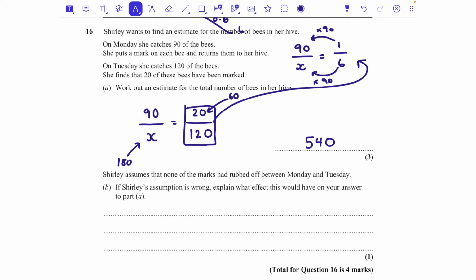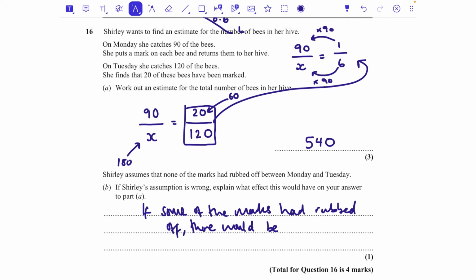So if Shirley's assumption is wrong, so if some of the marks had rubbed off, there would be less bees in the population. So we would have overestimated.